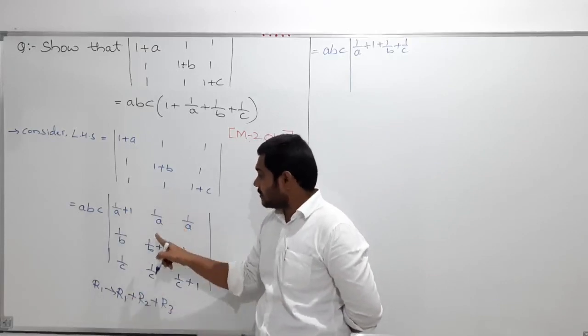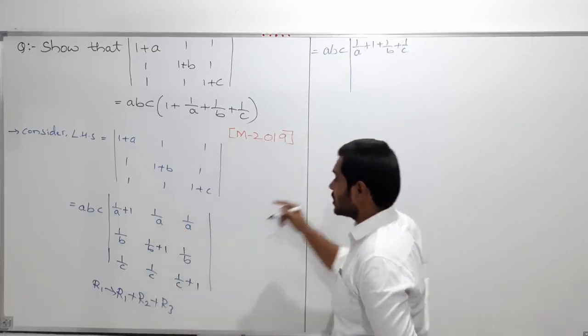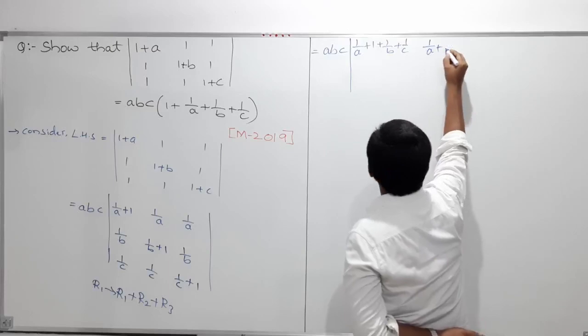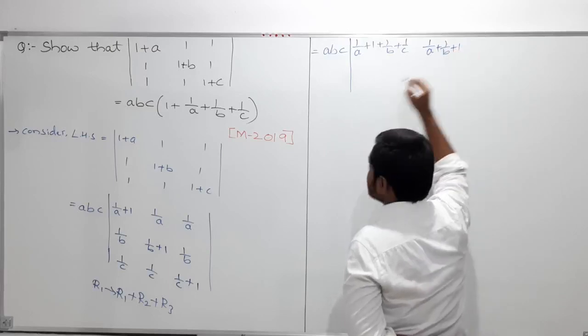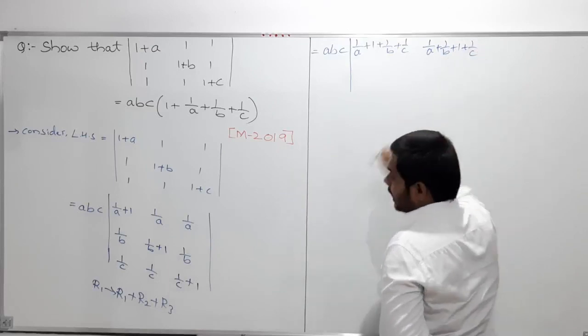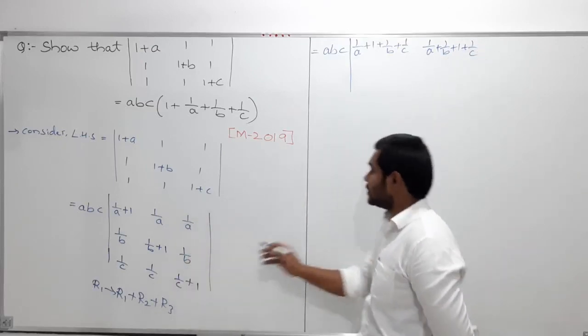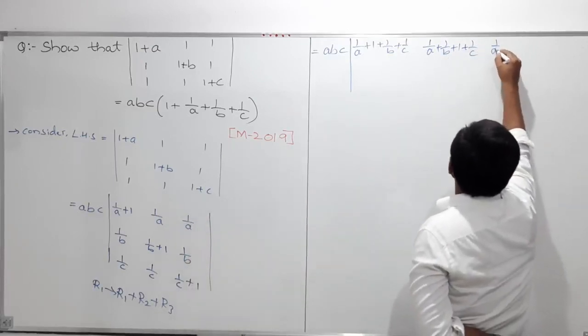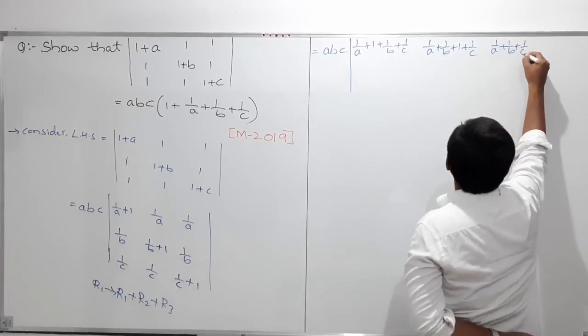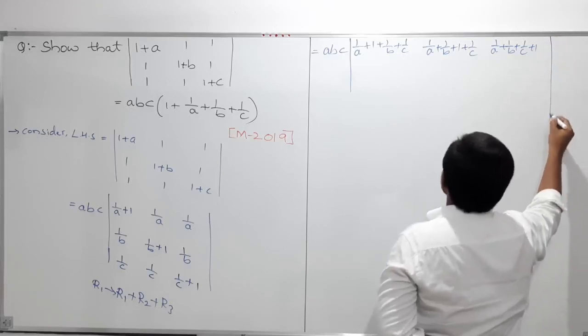So here this element corresponding to this element, this element. Corresponding elements we should add. So here it is 1 by a plus 1 by b plus 1 plus 1 by c. And next this element, this element, this element. So therefore here it is 1 by a plus 1 by b plus 1 by c plus 1.